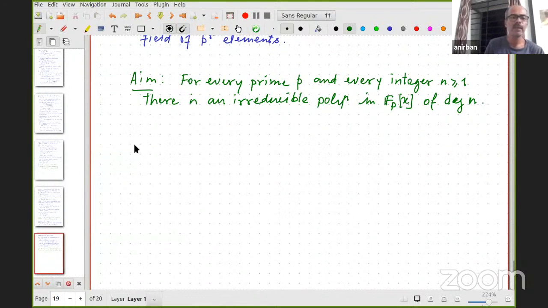So we need several lemmas to establish this. Let's start with the lemma. Most of the lemmas are quite interesting on their own. Let F be a finite field with Q elements.